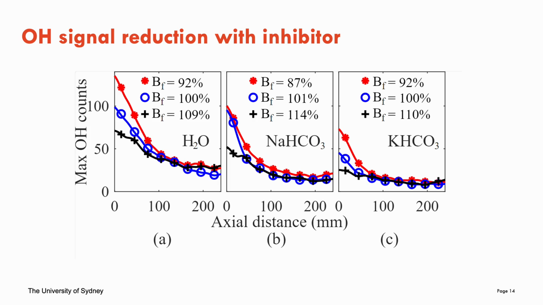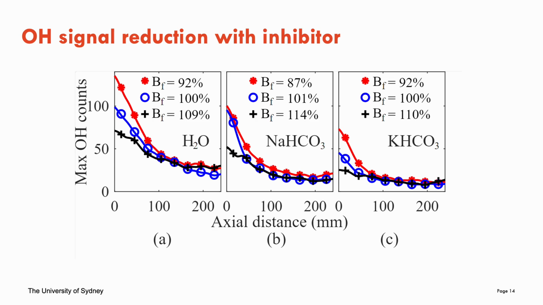So now let's look at some OH statistics we obtained. This compares max OH counts versus axial distance of the flame, for water only, sodium bicarbonate, and potassium bicarbonate at different blow-off percentages. Blow-off is just a flow rate percentage of the infinite extinction delay time.